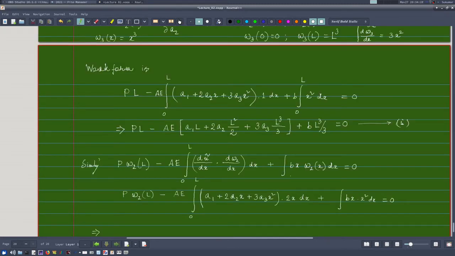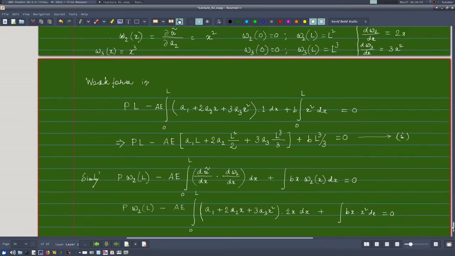In the similar manner, we write the weak form for the second weight function: p into the second weight function at x equal to L minus AE du tilde dx into dw2 dx dx integration, and the other term is b x into w2(x) dx.